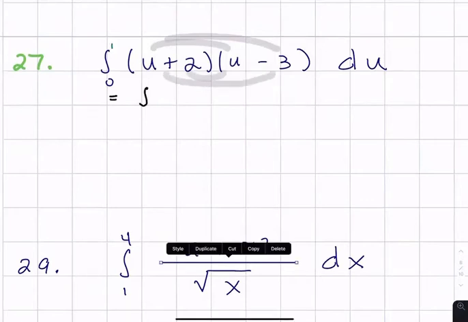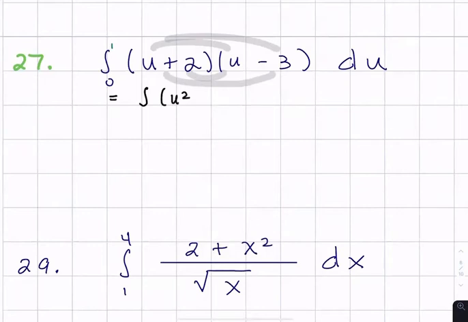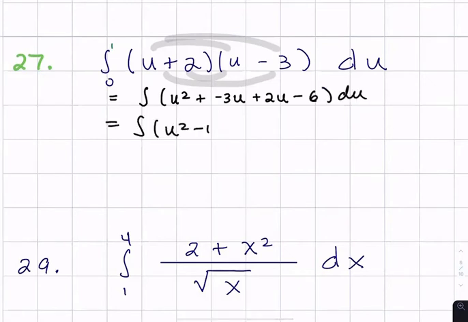So it's u times u is u squared, and then plus u times negative 3, and then 2u, minus 2 times 3 is negative 6, du. And I go from 0 to 1.